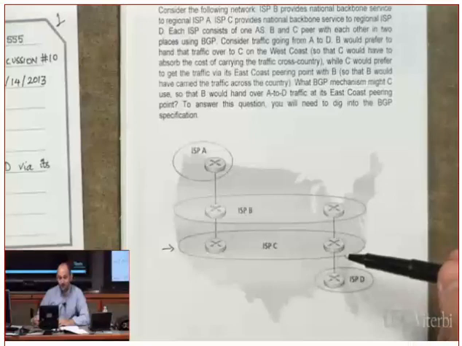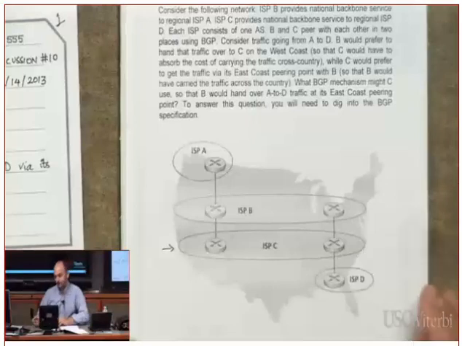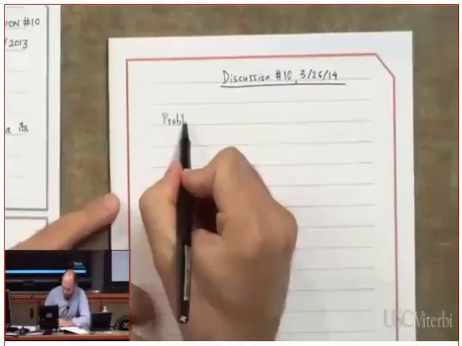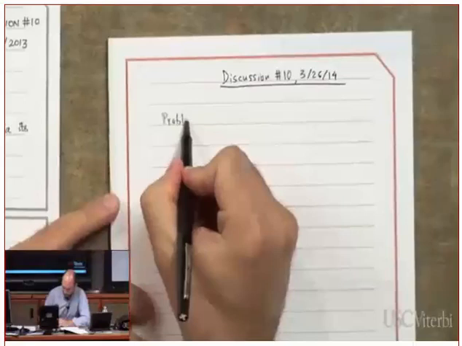And of course, if you read the specifications of the protocol, you'll find even more details on how this can be done and things like this. So let's go to the next problem. Do you have questions here? Okay.